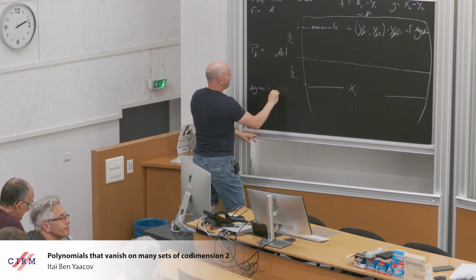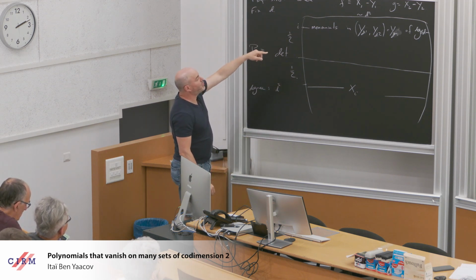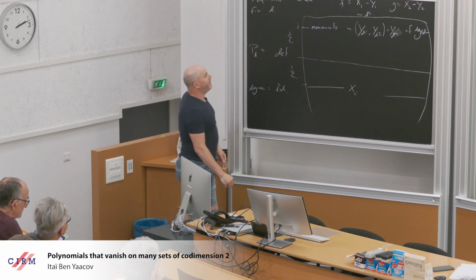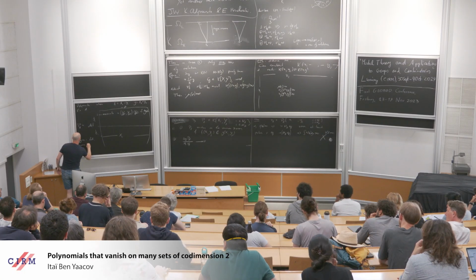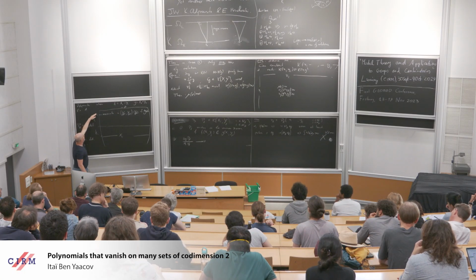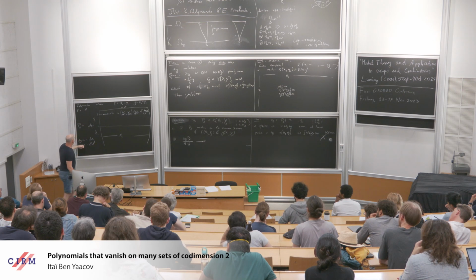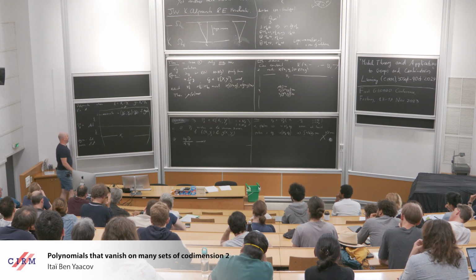I have d squared many rows, each row of degree d, so it's d squared times d. And the number of zeros I get: this one is d squared over 2, so that's d squared, and this one also, so it's d squared times d squared. I get strictly more zeros than the degree as d goes to infinity. That's what I wanted.